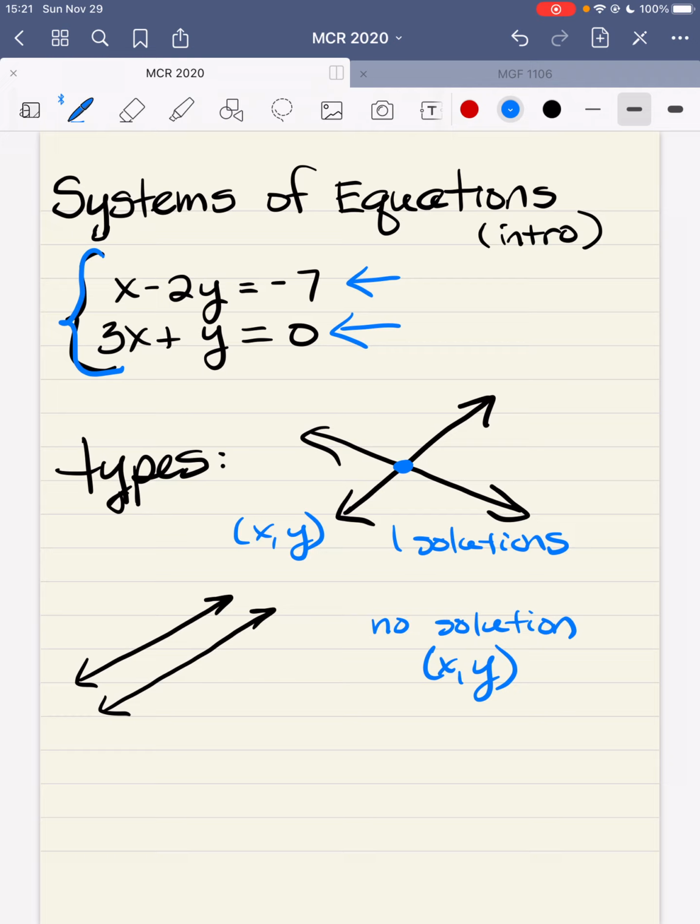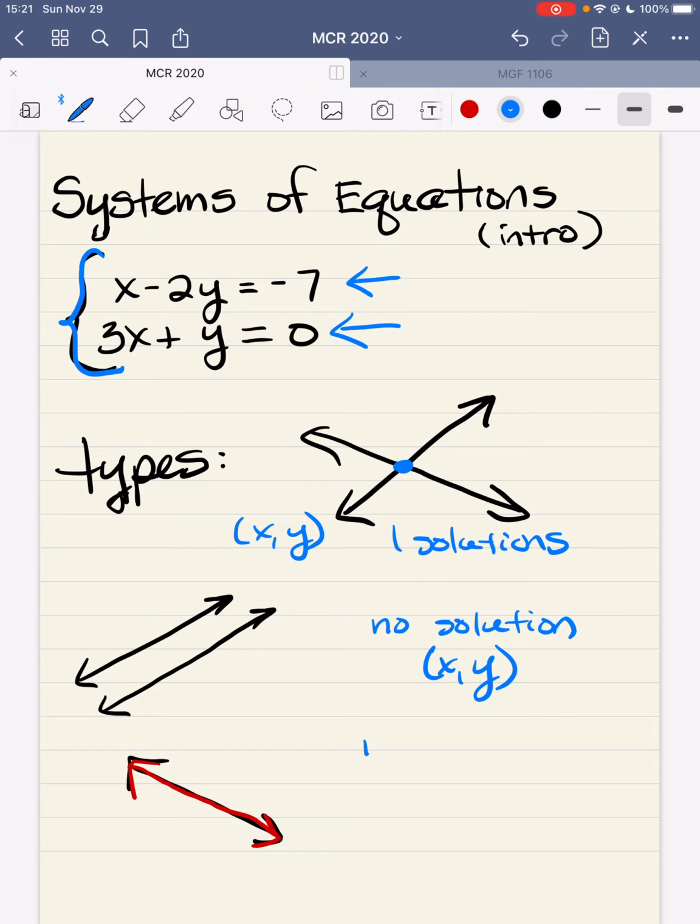Our third scenario is we can have a line, and then the second line is actually the same line that graphs right on top of it. Okay. This means that every solution for the first line is a solution for the second line.